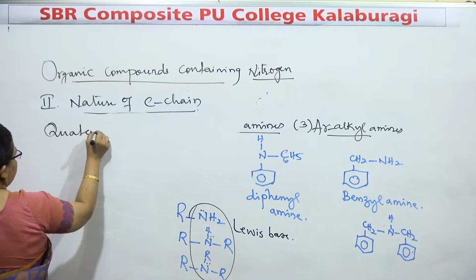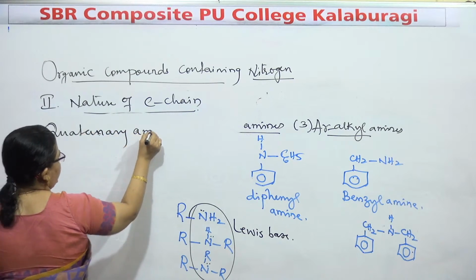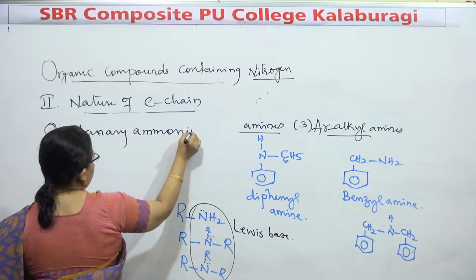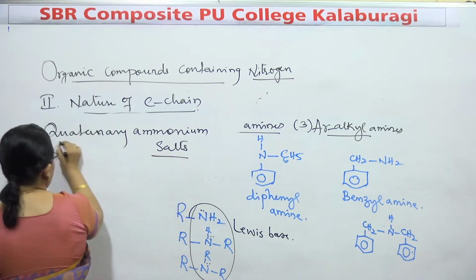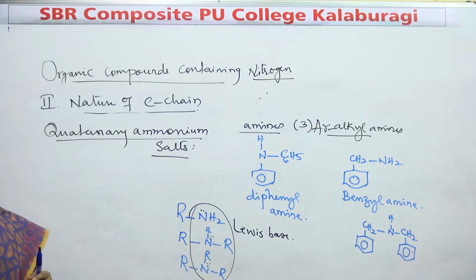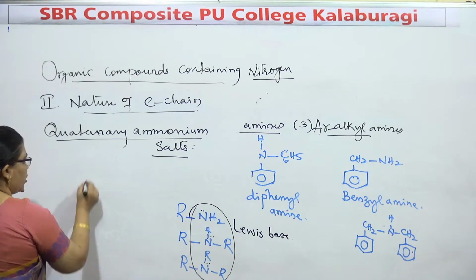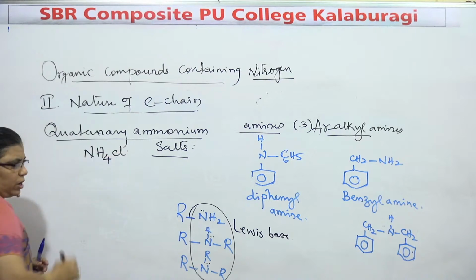Quaternary ammonium salts, which are derived from ammonium salt only. You may remember that ammonium salts are usually represented as, for example, ammonium chloride.